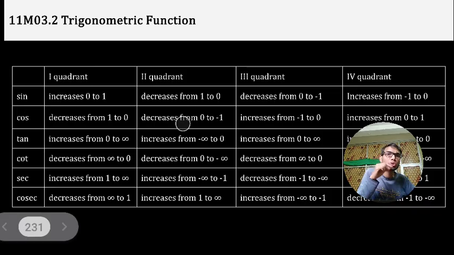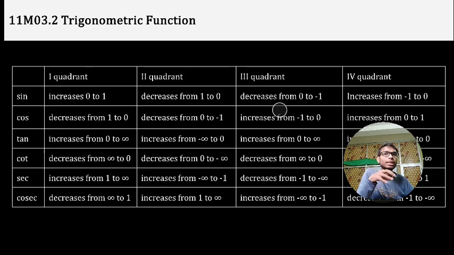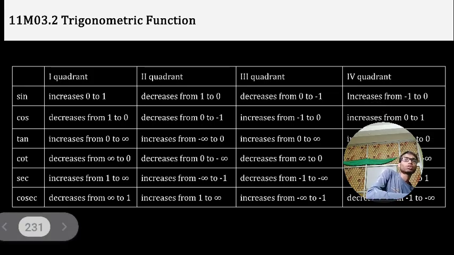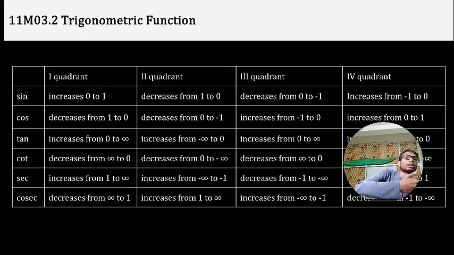In quadrant 2 it decreases, in the third quadrant it decreases more, and in the fourth quadrant it increases.